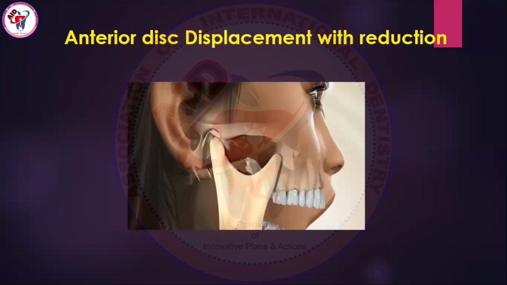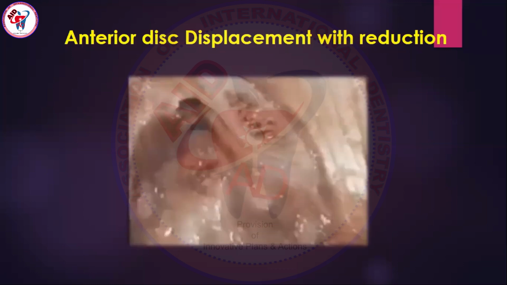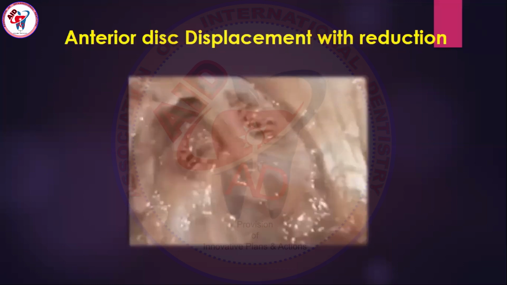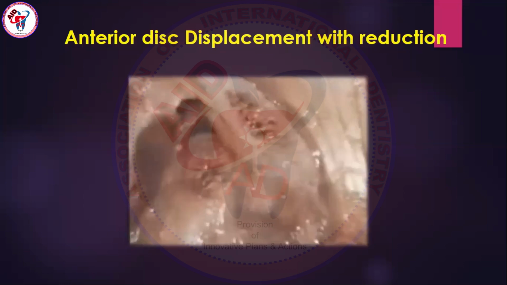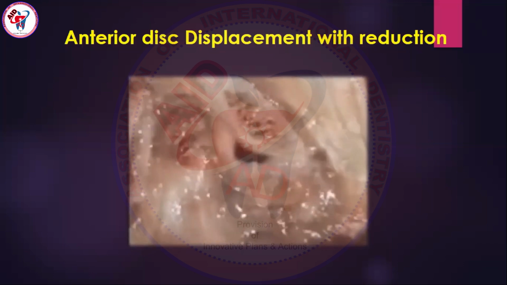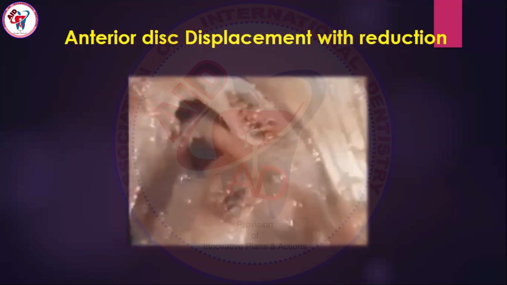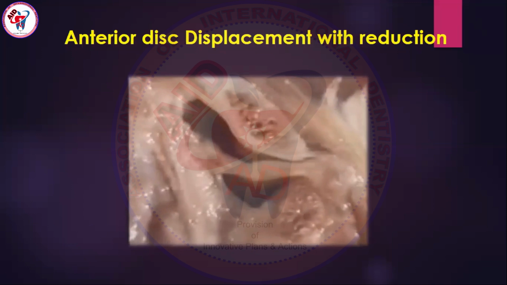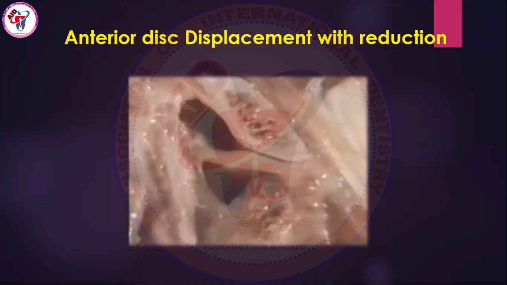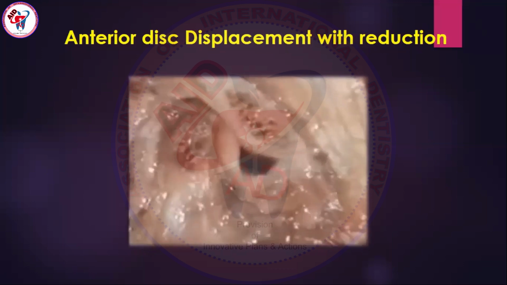Now what you see here is the disc displacement. This joint is closed and now the joint is opening. The disc has to come with it, but it goes back. When you close it, it comes forward rather than staying there. When you open it, it does not come with it, but when you close it, the disc shifts itself forward. So this is the disc displacement with reduction.